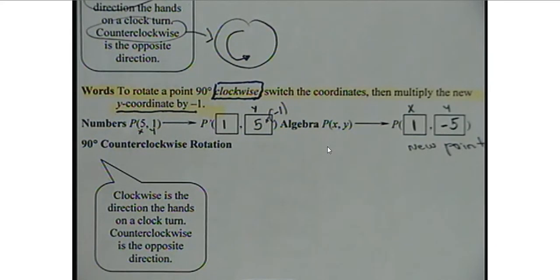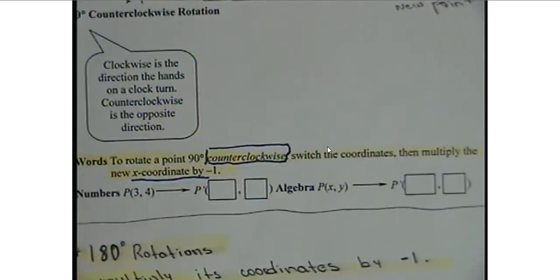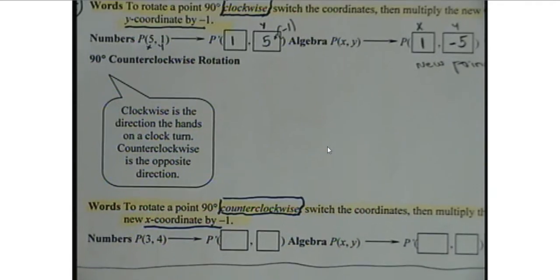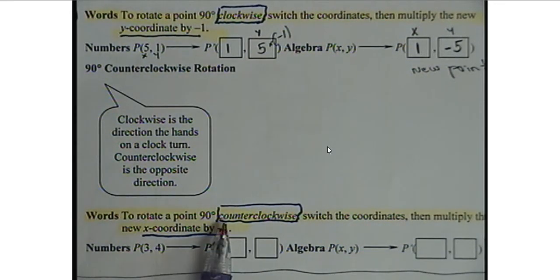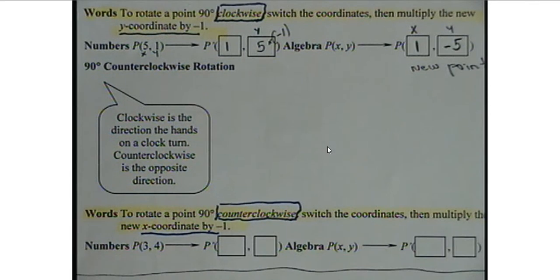Next thing will be the counterclockwise rotation. So when we have a counterclockwise rotation, what's happening? To rotate the point counterclockwise, or going backwards, switch the coordinates. So again we switch the coordinates, and this time instead of y we multiply the x coordinate by -1. So here's what we do.